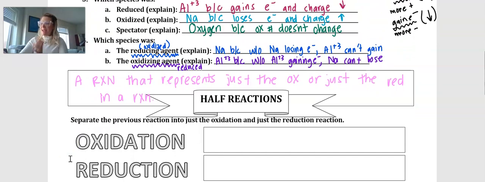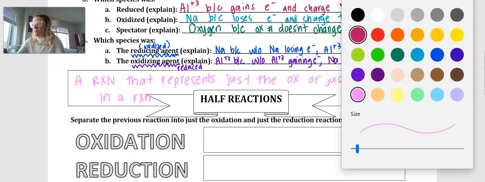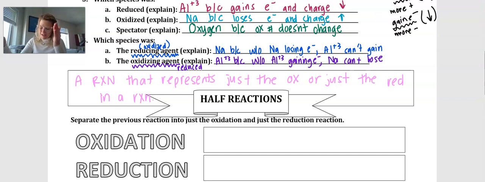So our half reaction for our oxidation, remember in our reaction here, the sodium was oxidized. So sodium went from Na solid, okay, to Na+ aqueous, okay?